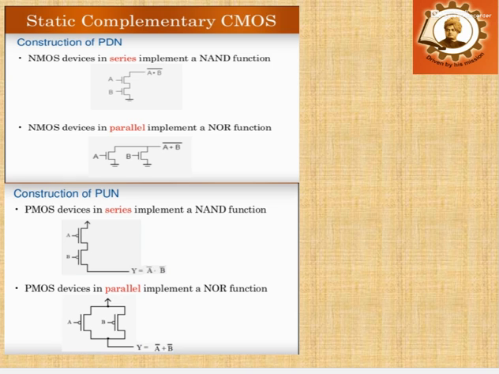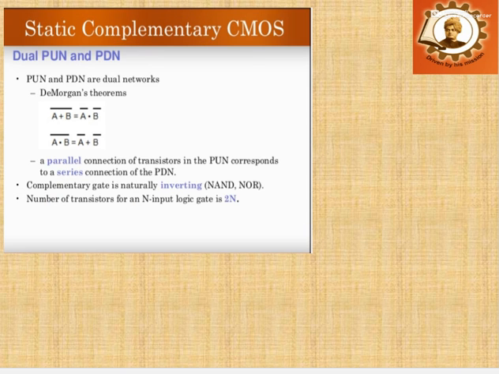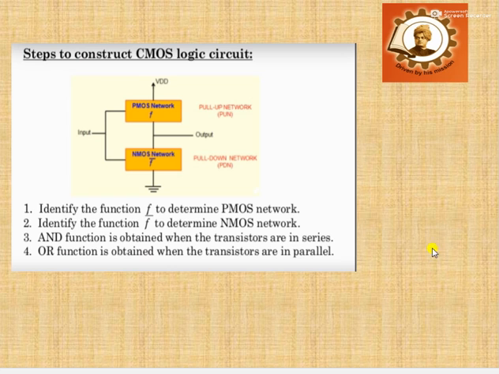Next, design the pull up network just by reversing the pull down network, with NMOS replaced by PMOS. Finally, you connect the pull up network and pull down network, and in between them you take the output from that circuit. So the circuit design has been completed using this design methodology.